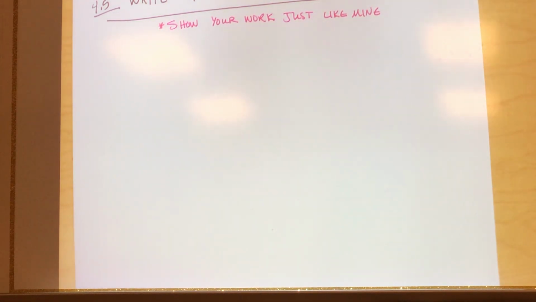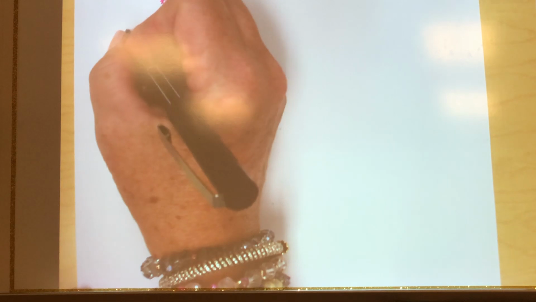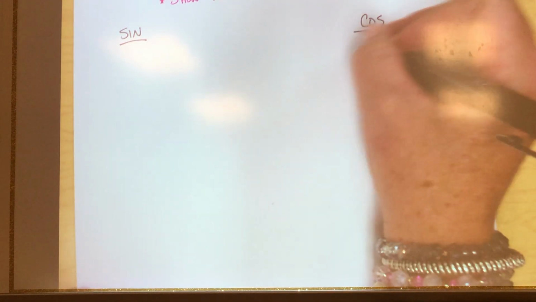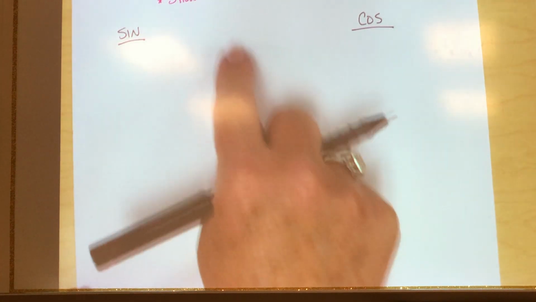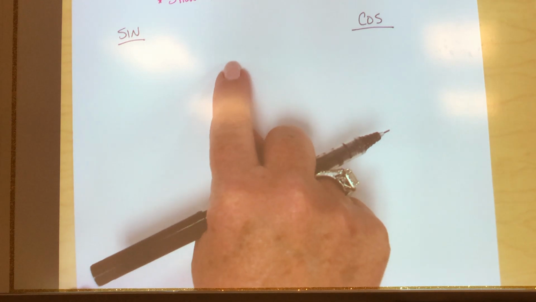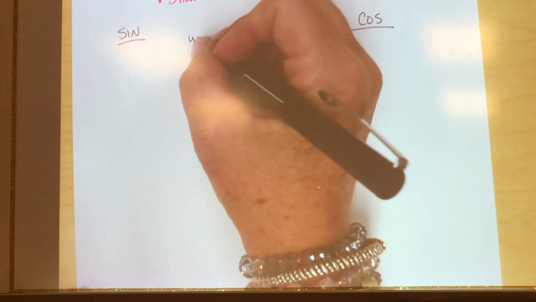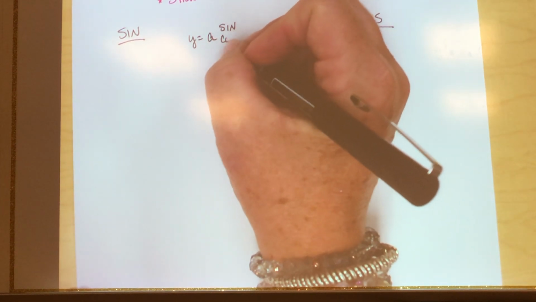We're going to make up a little formula card the same way we did with the graphing. We're going to do sine over here on the left and cosine over here on the right. Can I just write one equation and then write the word sine or cosine on top of each other? Because they're both the same equation. So y is equal to a, and either it's a sine curve or a cosine curve.